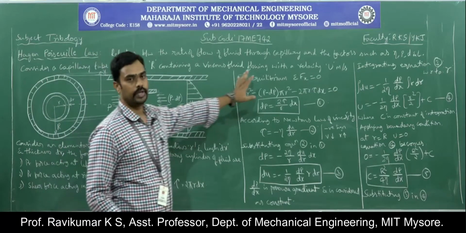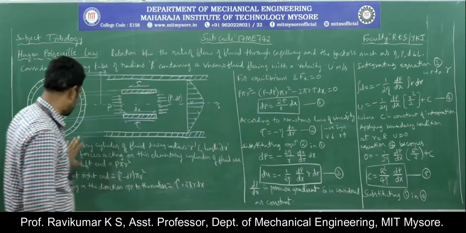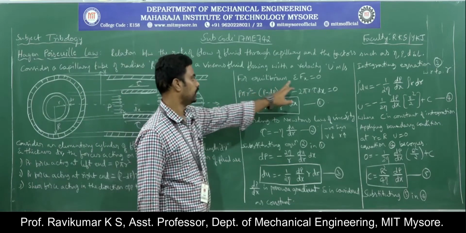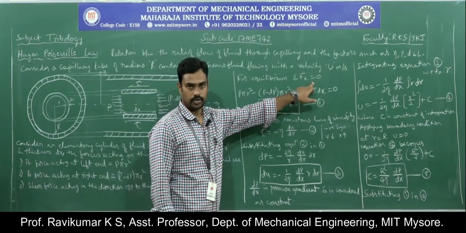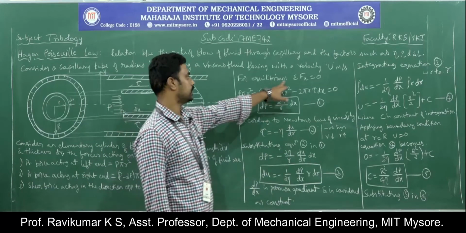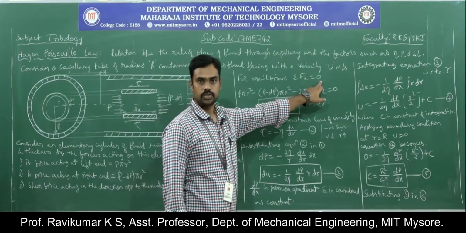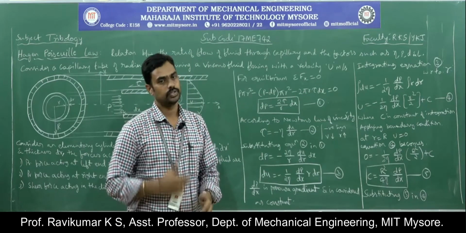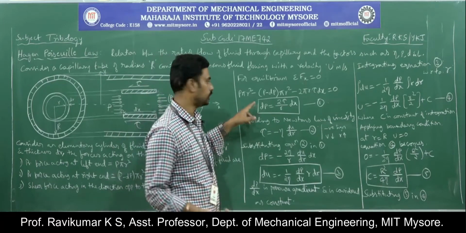Consider the equilibrium equation now for these forces. Considering the equilibrium equation, summation Fx equal to 0, because these are horizontal forces. That is, the algebraic sum of all the horizontal forces in the x direction is equal to 0.